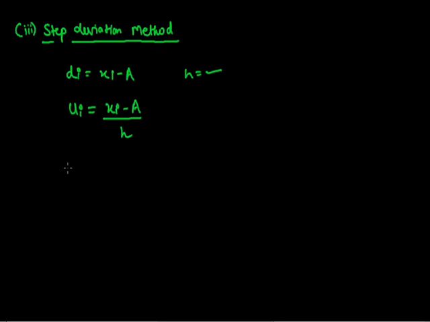And after doing this, we need to find out the summation of fi ui, because in the previous case we were taking the deviation, so that's why we were doing fi di, but now we are further dividing the deviation by h, so accordingly we will take fi ui.